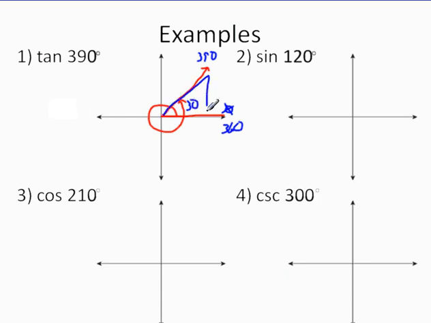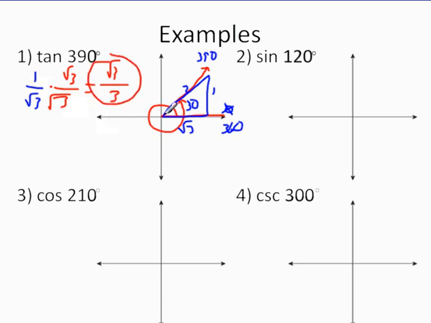Okay, here's our triangle. So that's 1, that's root 3, and that's 2. So if I'm finding the tangent, tangent's y over x. So it's going to be 1 over root 3, which I would then rationalize to come up with root 3 over 3.